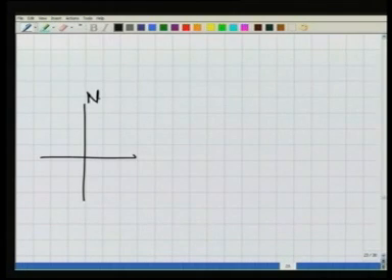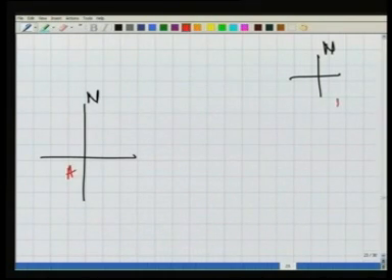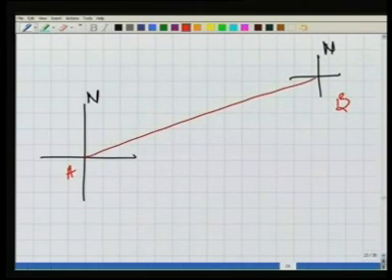That's the direction of north here, and similarly here also this is the direction of north. There are 2 points, point A and point B, and a line joins these 2 points. I am standing at A, the observer is at A, and this is the direction in which I am proceeding. I am going in this direction in my survey.